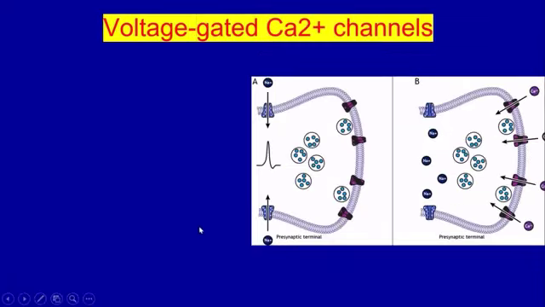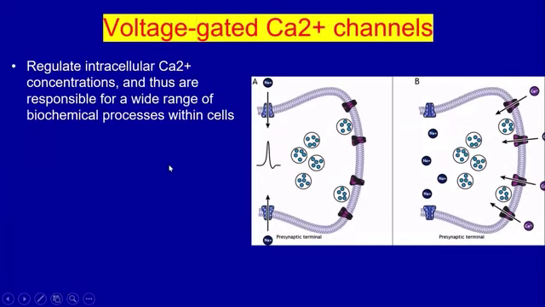Voltage gated calcium channels and action potential. When the action potential propagates along the axon and reaches the presynaptic terminal, these calcium channels regulate calcium concentration and are responsible for a wide range of biochemical processes within the cell.